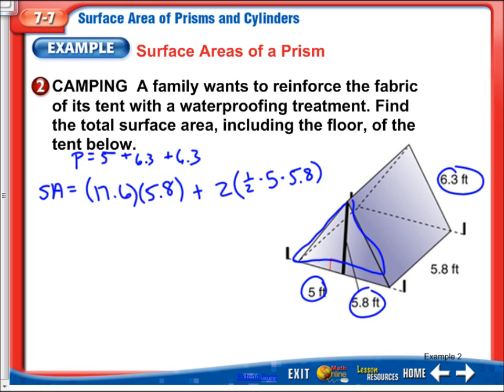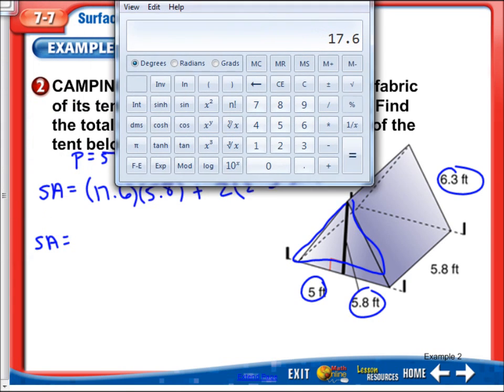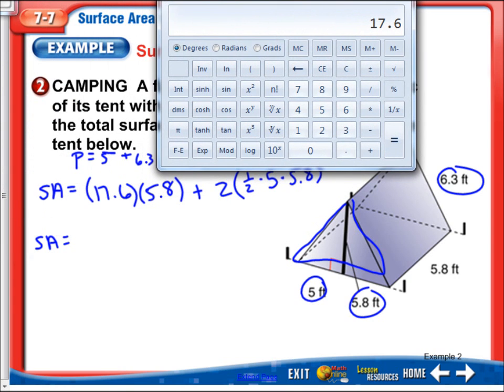Now we have all that filled in, so we just need to jump into our calculator to get some calculations done. I have my 17.6, and I'm going to multiply that times the height, 5.8. That gives me 102.08.